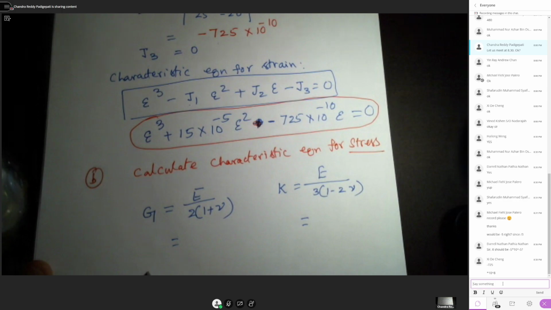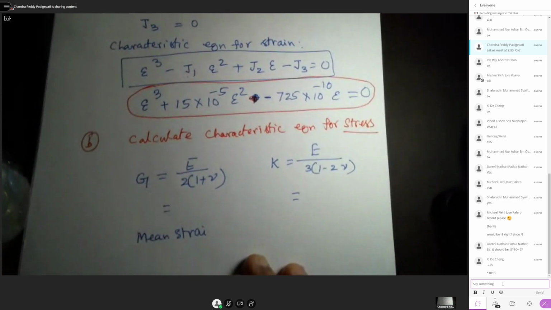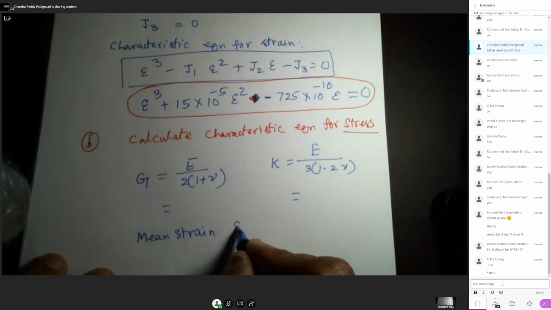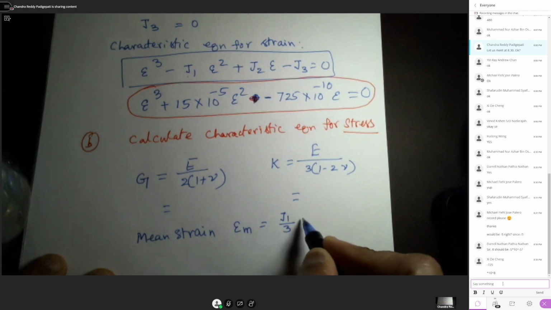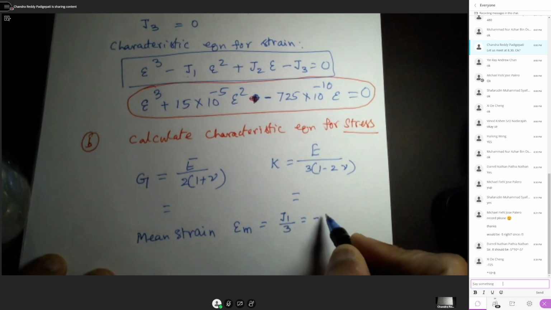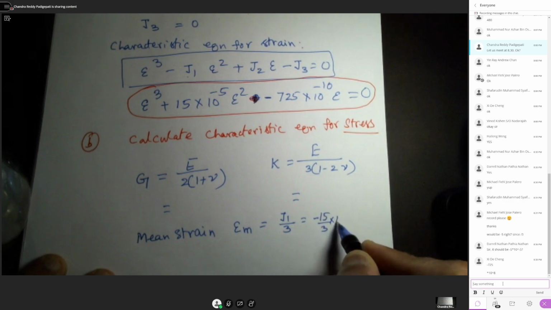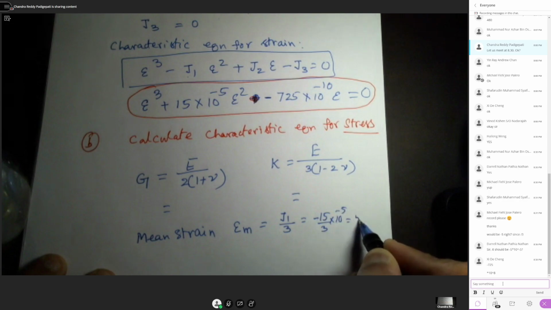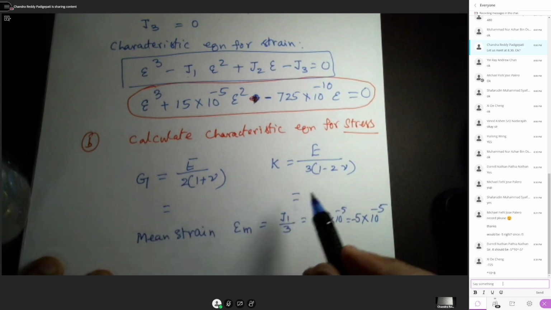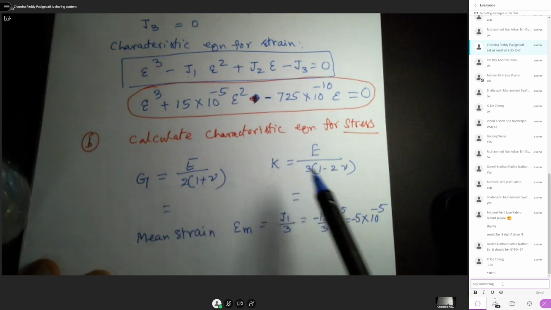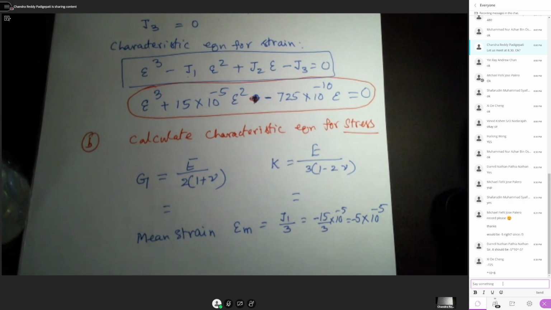And the mean strain is. So let me know the shear modulus and the bulk modulus values.